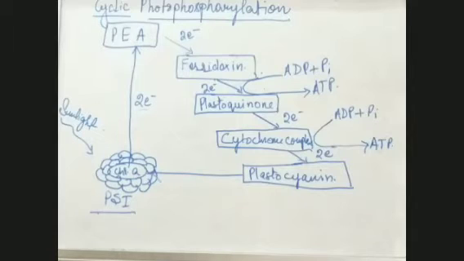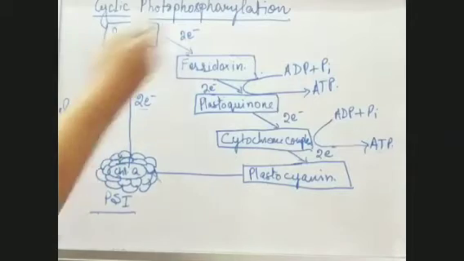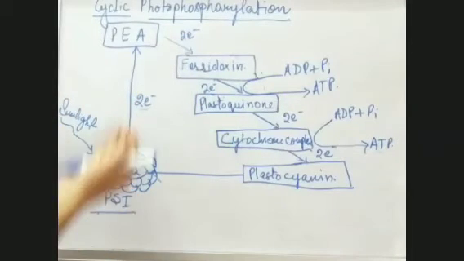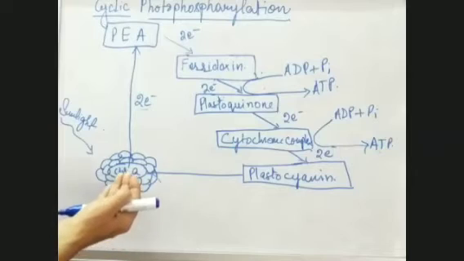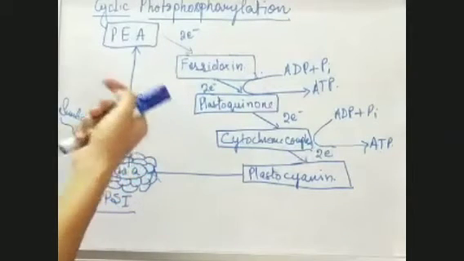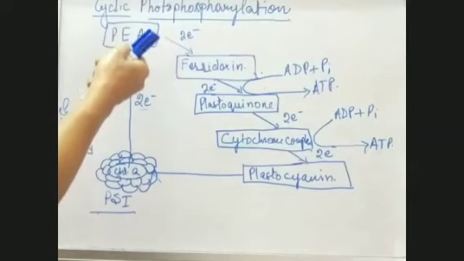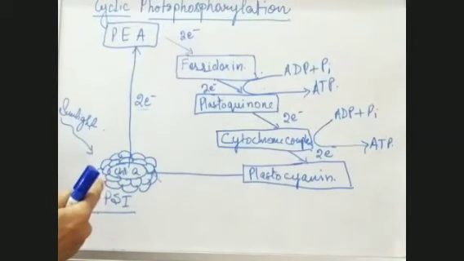Unlike non-cyclic photophosphorylation. What happened in non-cyclic photophosphorylation? The electrons which left the reaction center because of excitement did not come back.